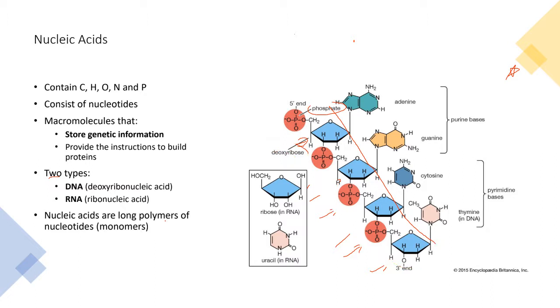Another thing I want to review really quick is how we make a strand bigger. You're always going to add a new nucleotide at the 3' end. When DNA is synthesized, which also means made, it's always synthesized in the 5' to 3' direction.